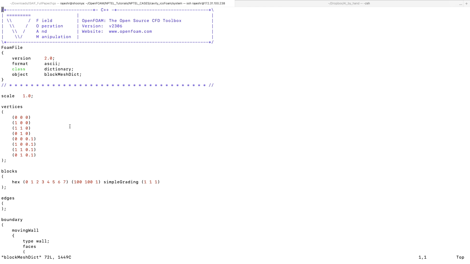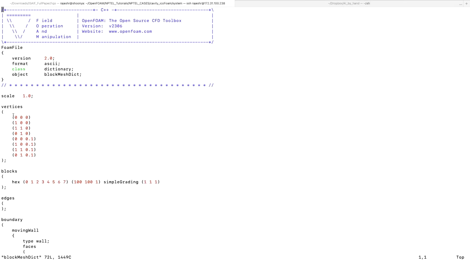Even if the problem is 2-dimensional, which is what we are solving here, the square lid driven cavity, you have to give something in the third dimension, which can be very small, but you have to provide it. You can do this in your own solver also. If you have developed a 3D solver and want to solve a 2D problem, you can give some faces in the third dimension and put an empty or maybe a symmetric boundary condition.